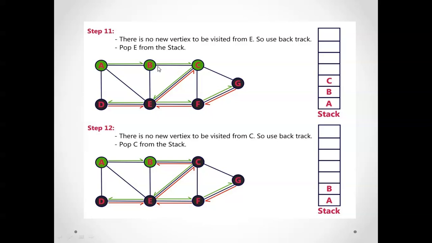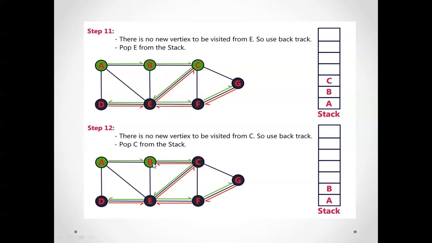We need to perform the backtracking. When you are doing the backtracking, we need to remove the vertex from the stack. Now C is going to be removed from the stack. Now in the stack, what do we have? B and A. So now we are at B.